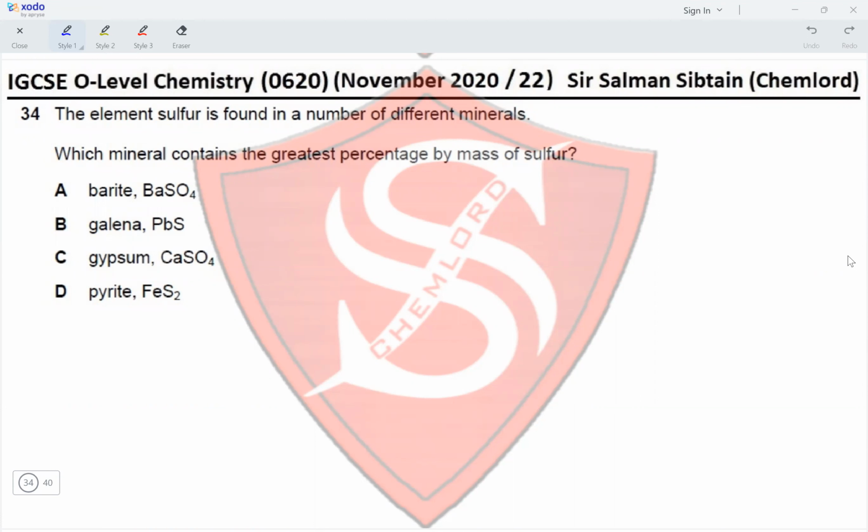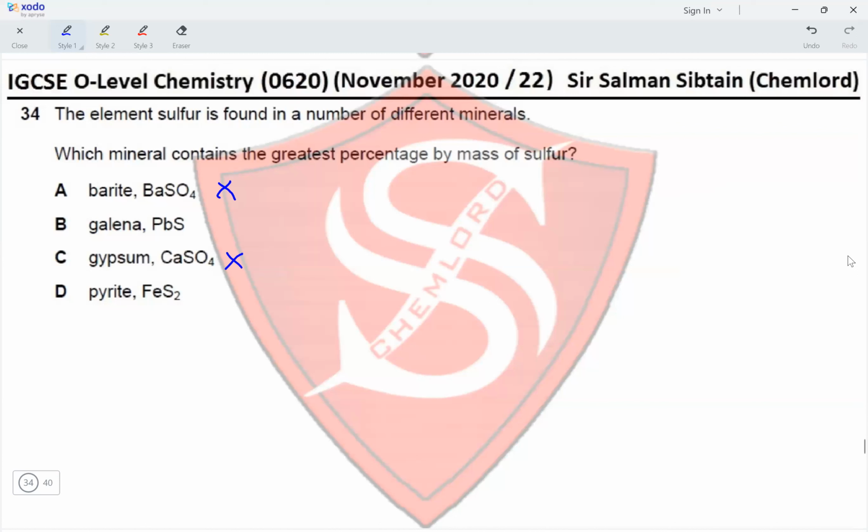So there are two minerals here that have a higher ratio of sulfur to the other elements, which is galena and pyrite, and the other ones have a low ratio of sulfur to the other elements found. So barite and gypsum will be eliminated. So we are left with galena and pyrite.